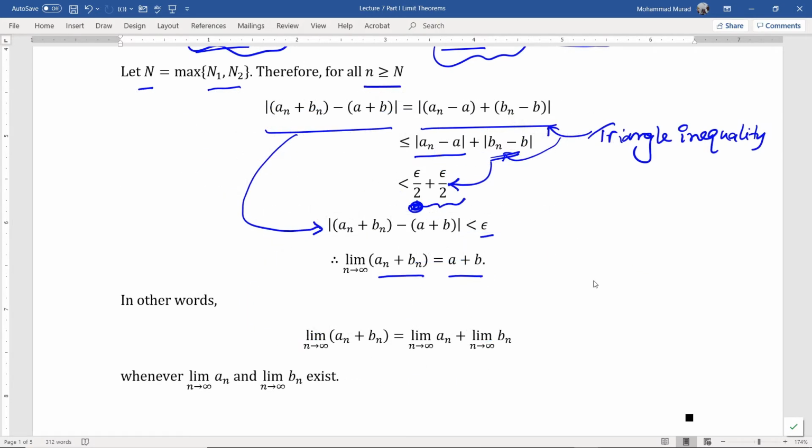In other words, the limit of a sub n plus b sub n as n approaches infinity equals the sum of the limit of a sub n and the limit of b sub n as n approaches infinity, whenever the limit of a sub n and the limit of b sub n as n approaches infinity exist.